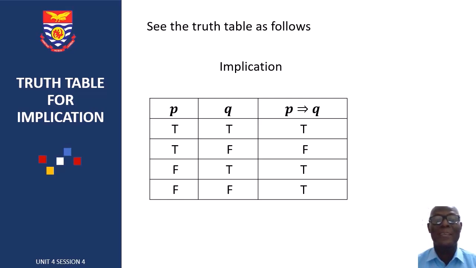Hence, the implication may be true. If Asare is not a Ghanaian, implies Asare is not an African. This implication may be true because if Asare is not a Ghanaian, he may not be an African. Hence, the statement is true.